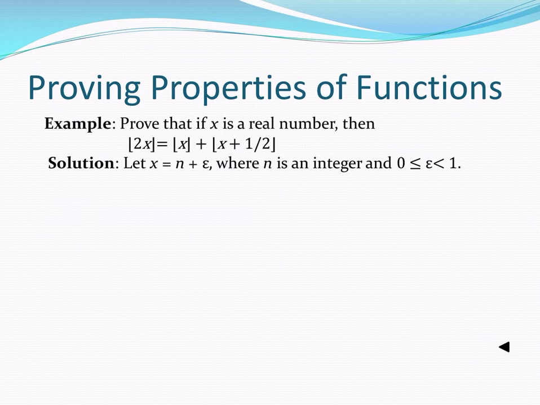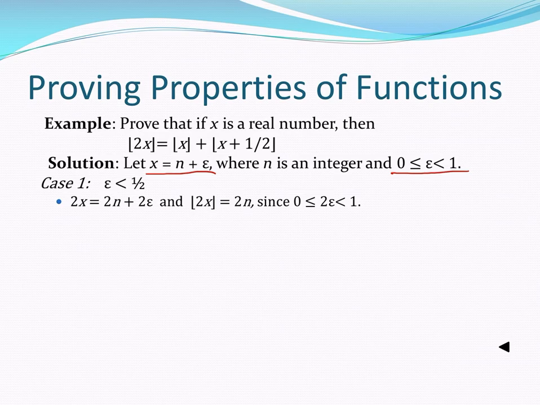First, we'll say that x is equal to n plus epsilon, where n is an integer and epsilon is a real fraction between 0 and 1, inclusive of 0. So when epsilon is 0, then x is equal to n. And we'll have two cases, one where epsilon is strictly less than 1/2. And the nice thing about this assumption is that twice epsilon will be strictly less than 1.